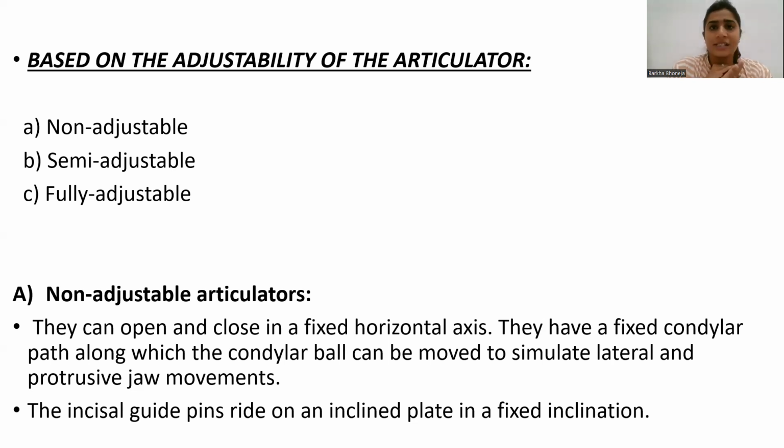You can neither adjust it to horizontal movement or protrusive movement. Semi-adjustable articulators come in class 2 and class 3, where a certain amount of dynamic movement of the mandible, that is protrusive and lateral movements, can be transferred into the articulator. They take a face bow record in everything.